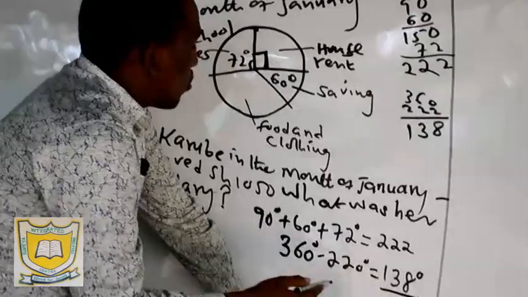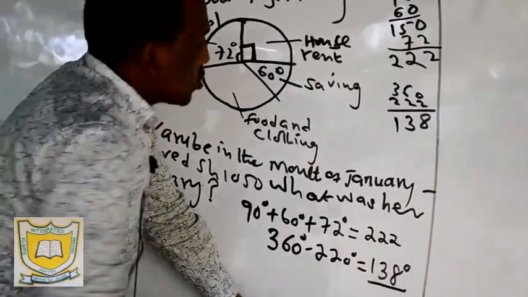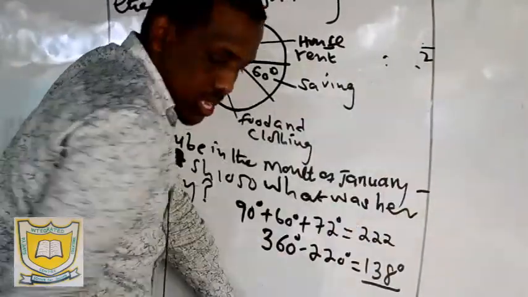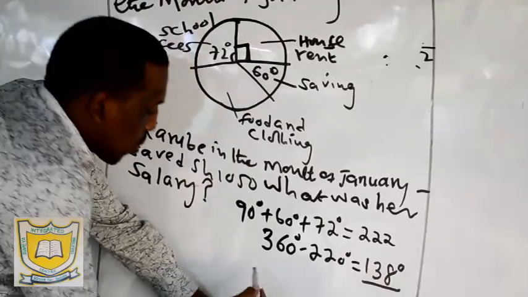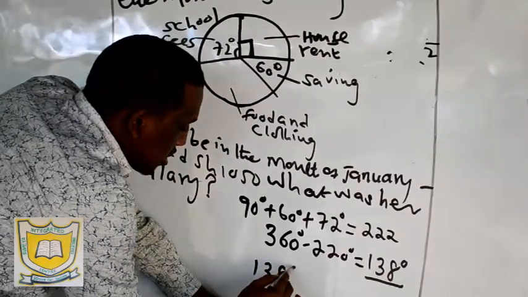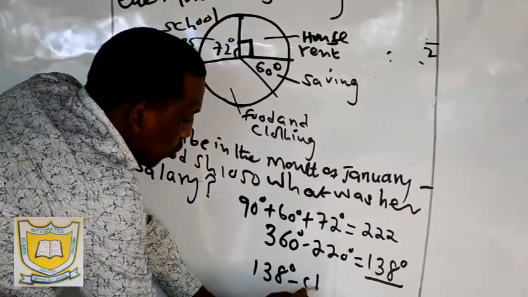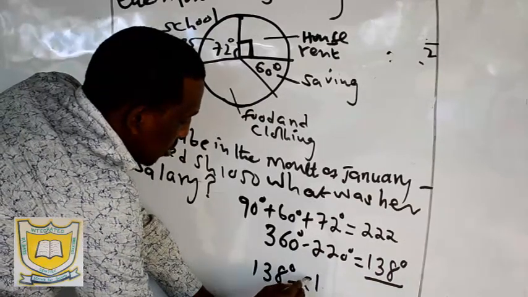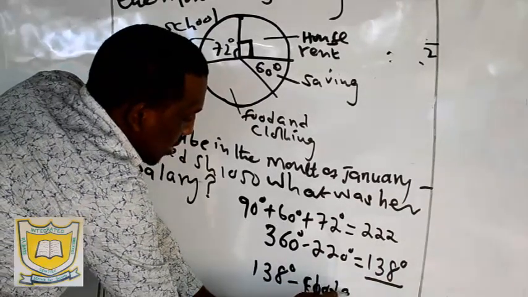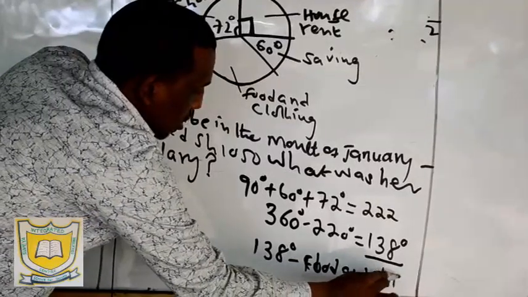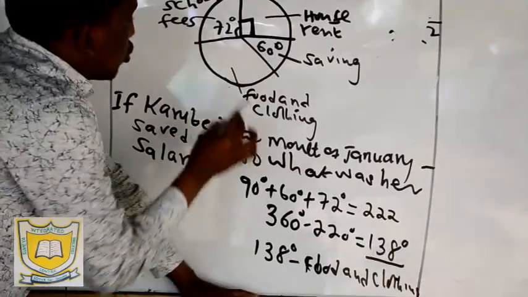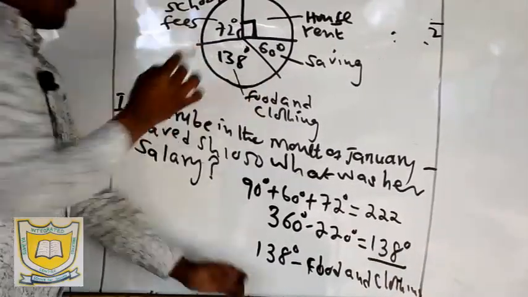This belongs to food and clothing. So food and clothing is 138 degrees.